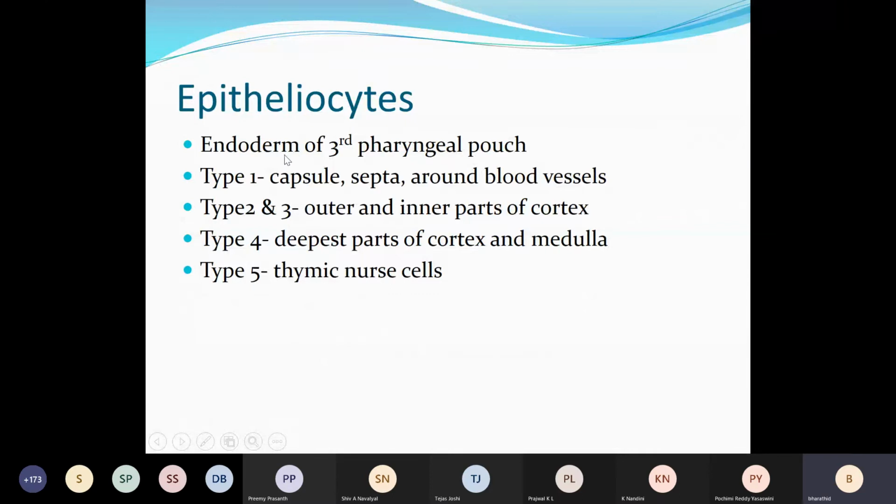What you are supposed to know here is these epitheliocytes are derived from endoderm. The entire gland is derived from mesoderm, whereas the epitheliocytes are derived from endoderm of the third pharyngeal pouch. So this point is very important, and you must know this.